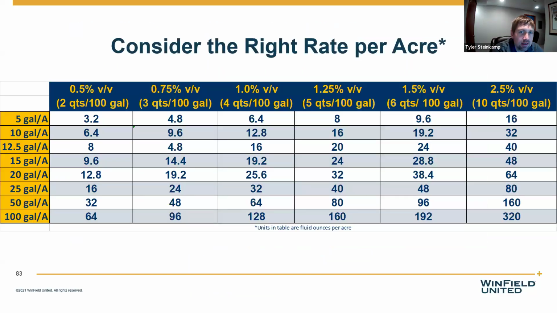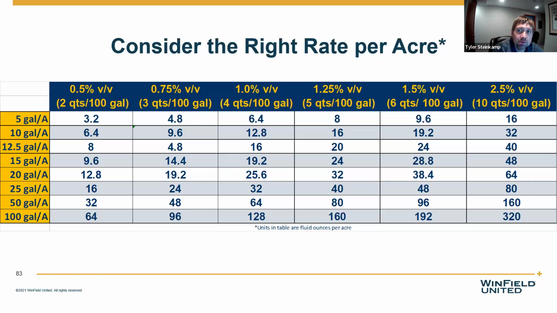Okay. Another thing to consider is the right rate. So this is a good chart to talk about volume for volume versus the actual rate per acre in fluid ounces. So if you guys ever need a comparison chart, this is a really good one to do that.